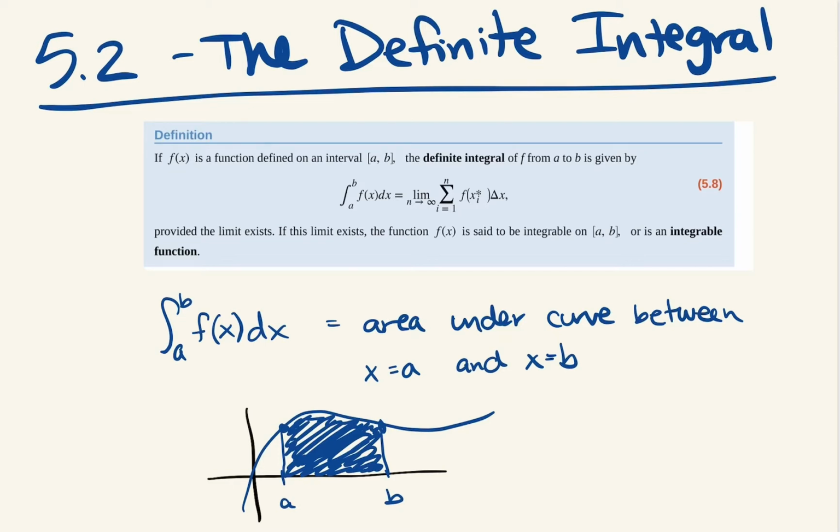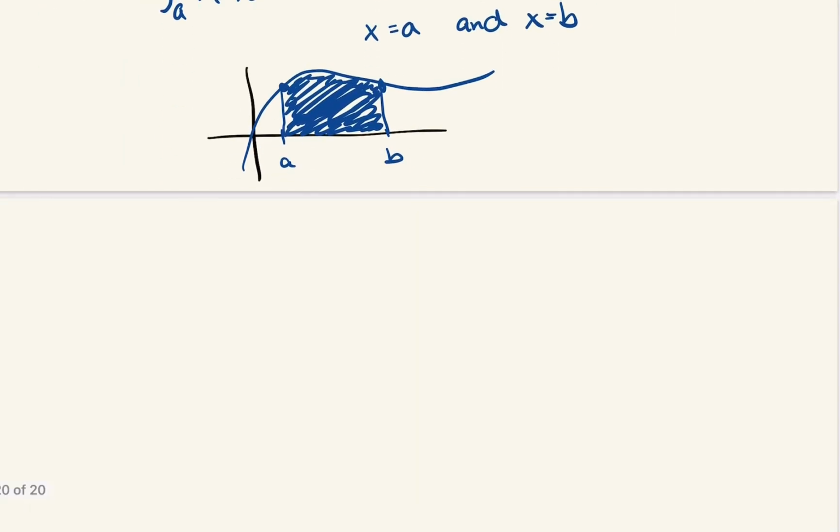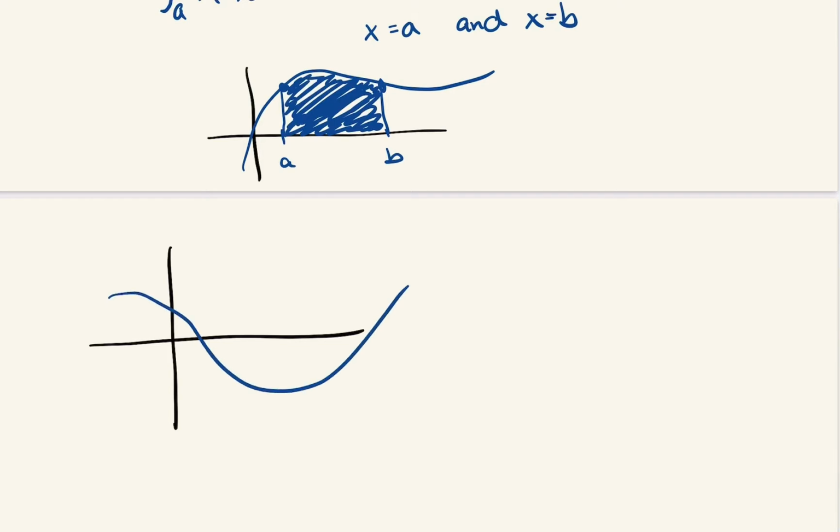So one question you might have is, well, what happens if the curve goes below the x-axis? Okay, so let's see an example like that. Maybe instead our curve looks like this. Okay, so what is the integral measuring?